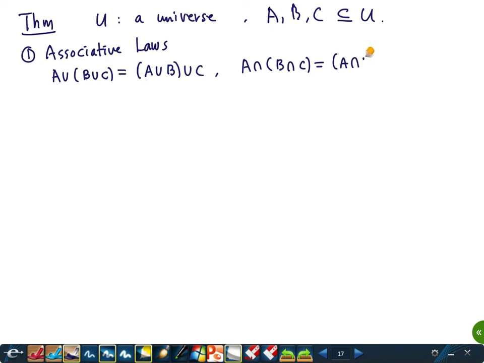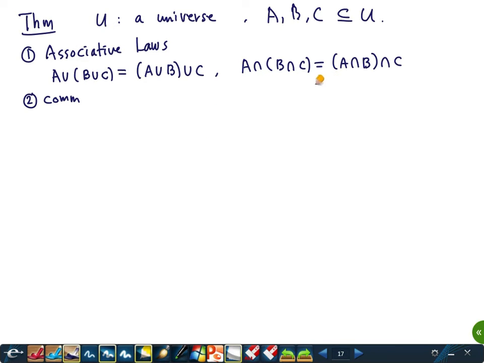This kind of property is called associative laws. And maybe it's helpful to compare these with operations you already know. For instance, plus. Does addition have associative laws?